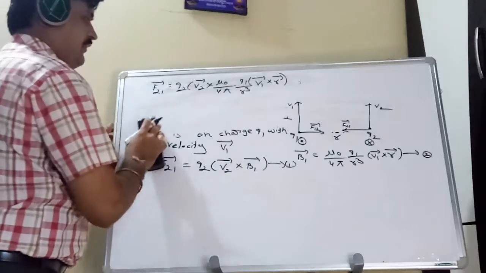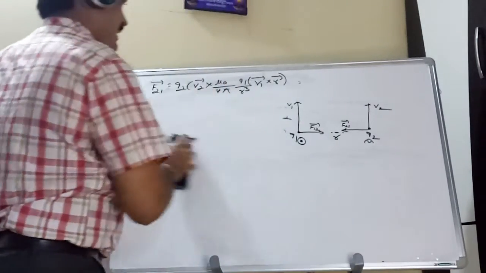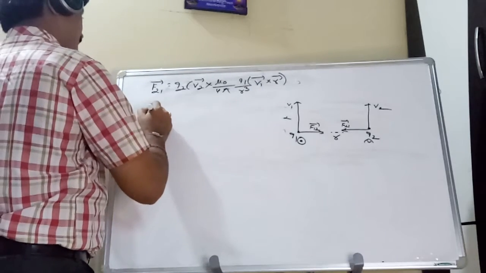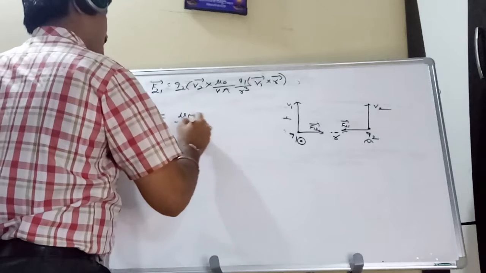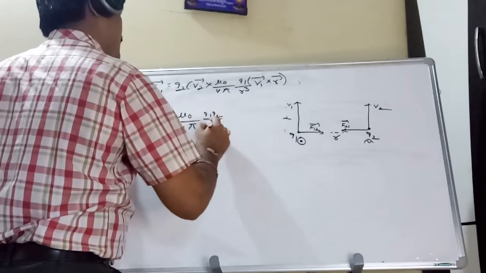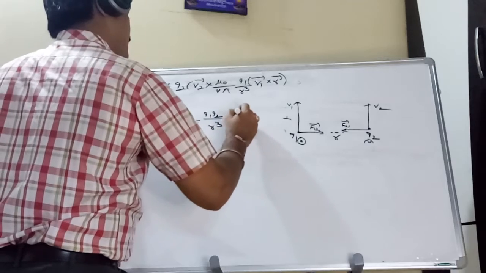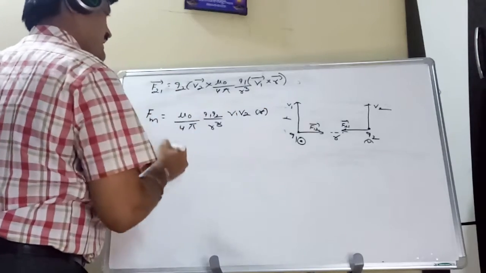So the magnitude of force Fm equal to mu naught by 4 pi, Q1 Q2 by R cube, into V1 V2 into R. So R cancels.